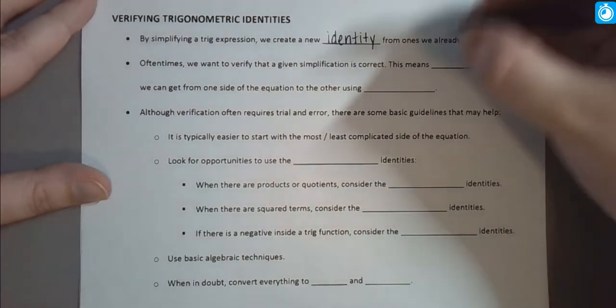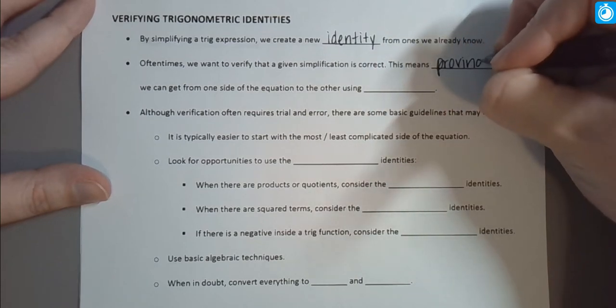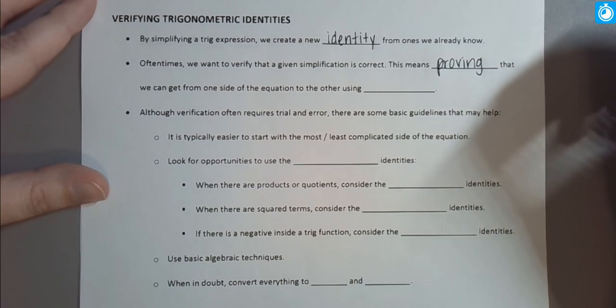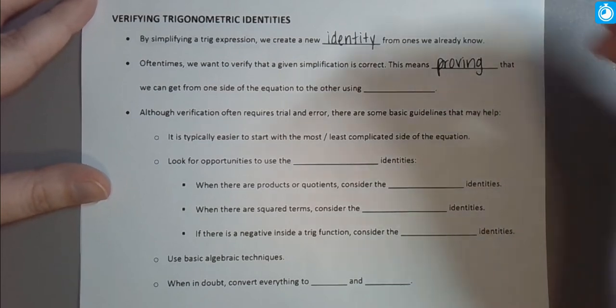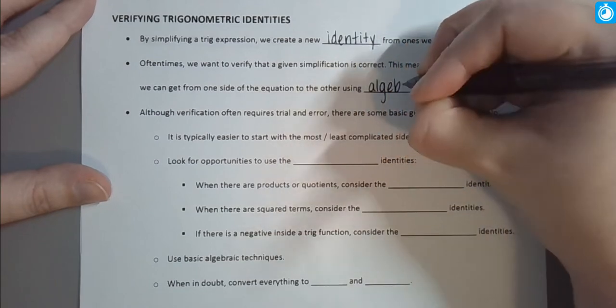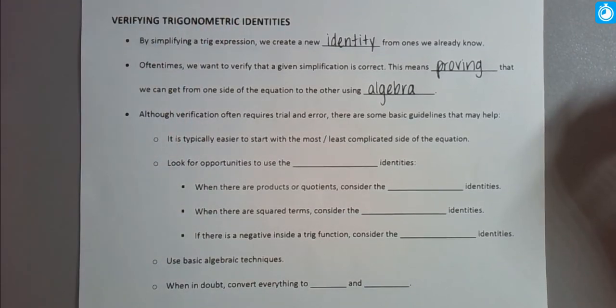So this essentially means proving that we can get from one side of the equation, typically the more complicated side, to the other using algebra, using those algebraic skills that represent just simplification, not squaring both sides or adding things to both sides, but just simplification strategies, rewriting things in a different way.